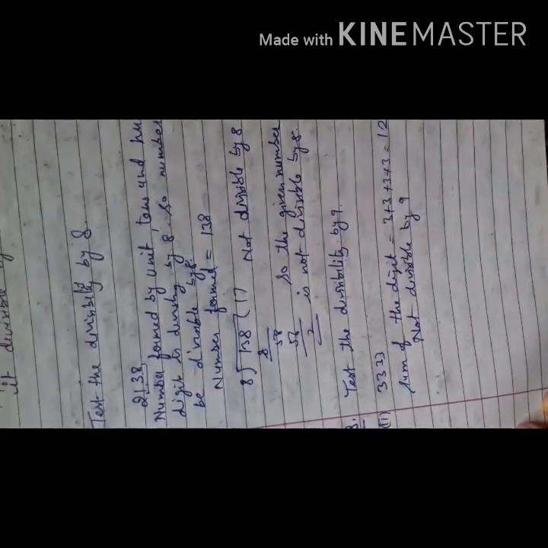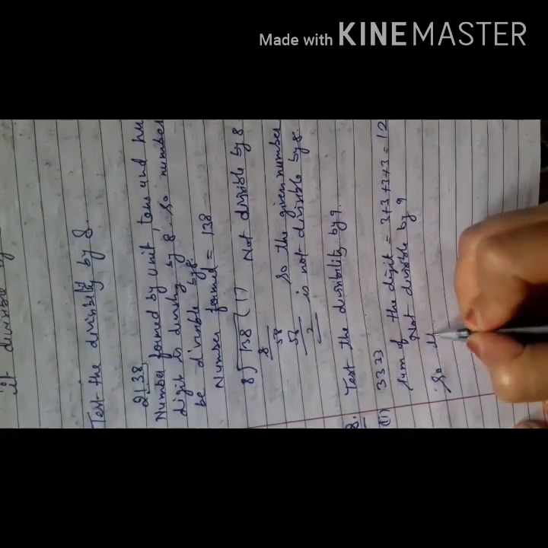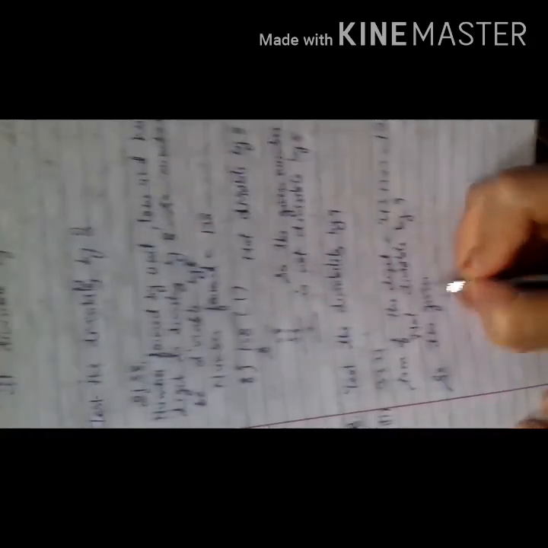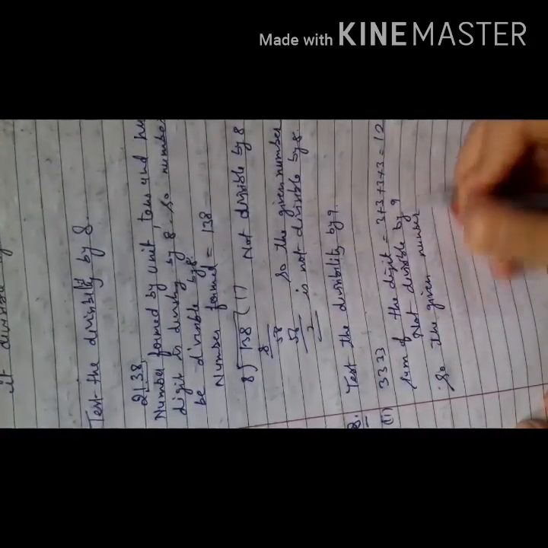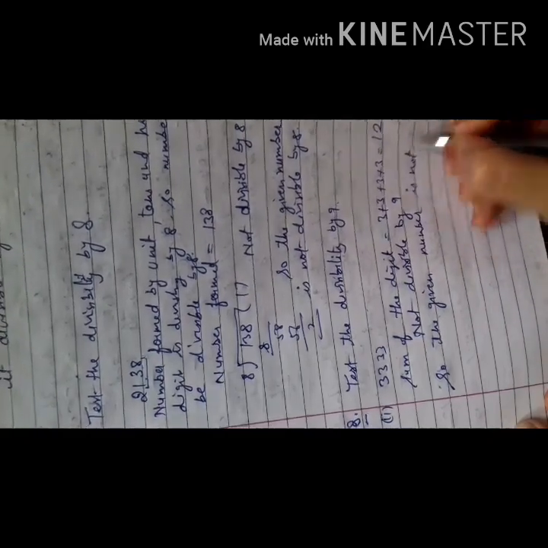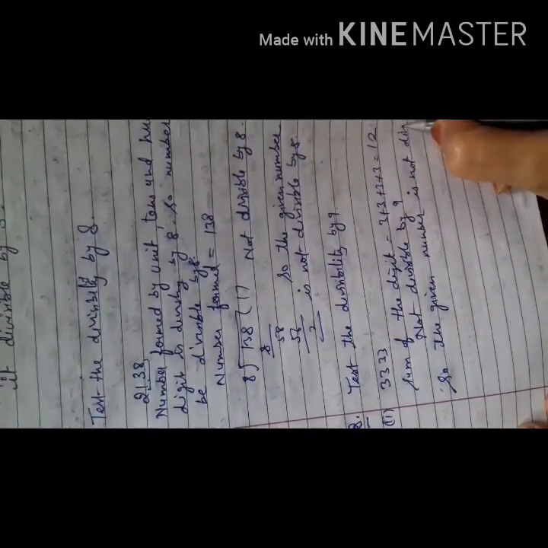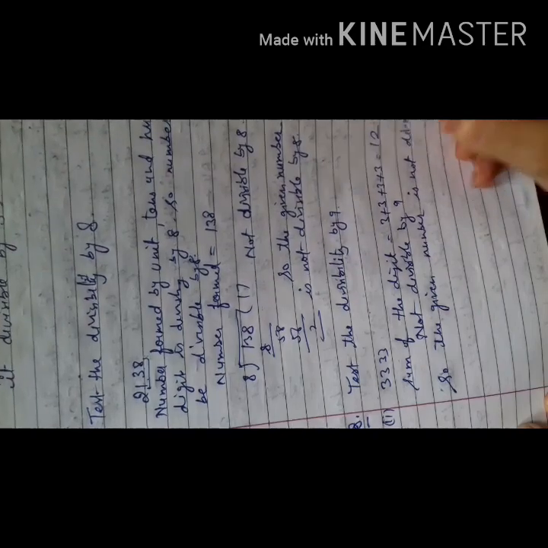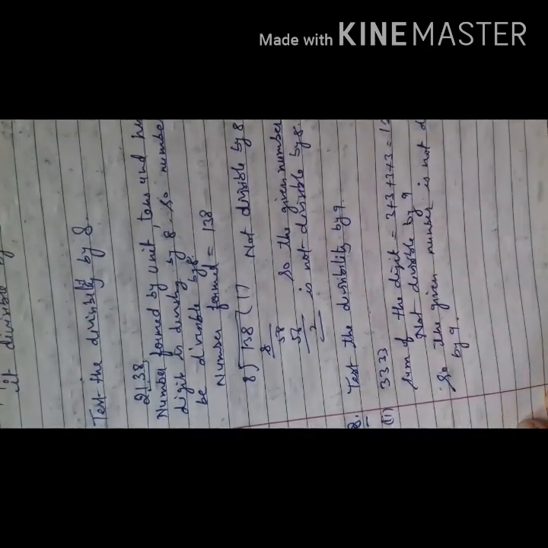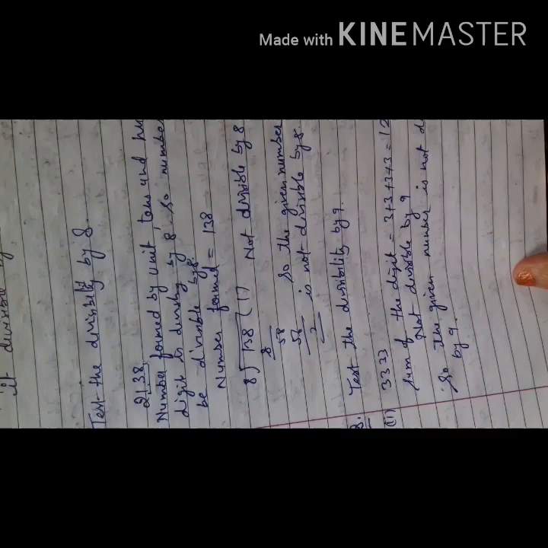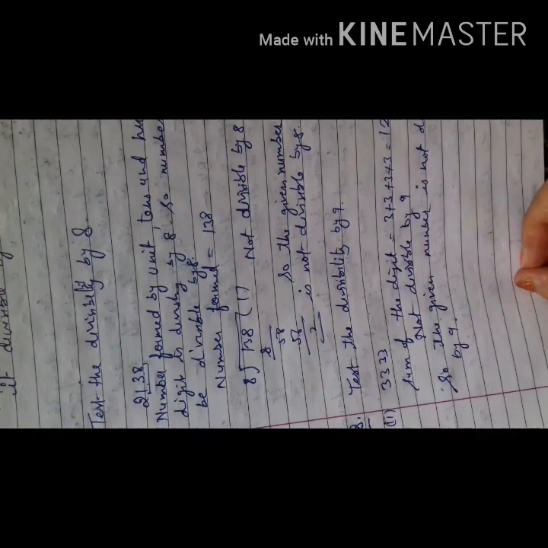Not divisible by 9. So the given number is not divisible by 9. If the sum of the digits is divisible by 9, then the given number is divisible by 9.